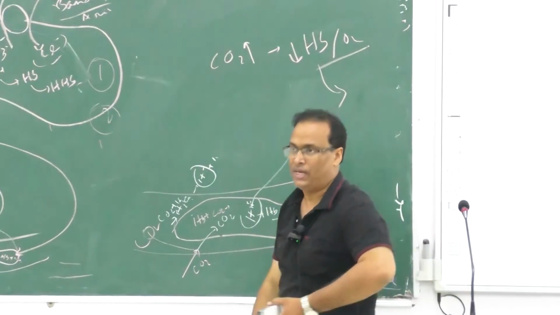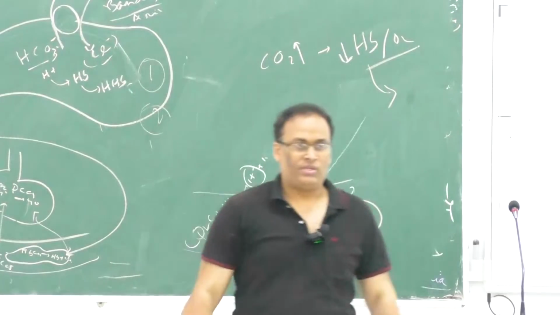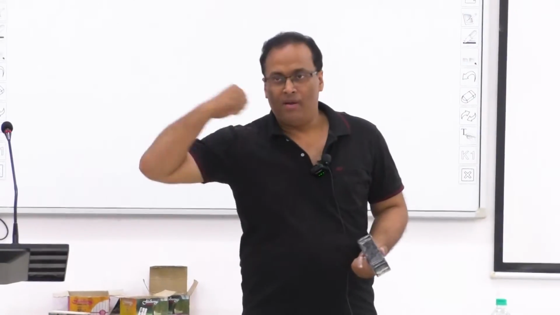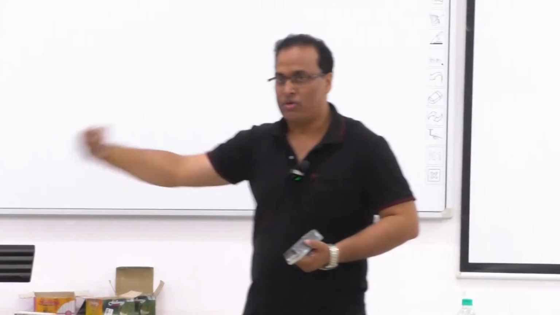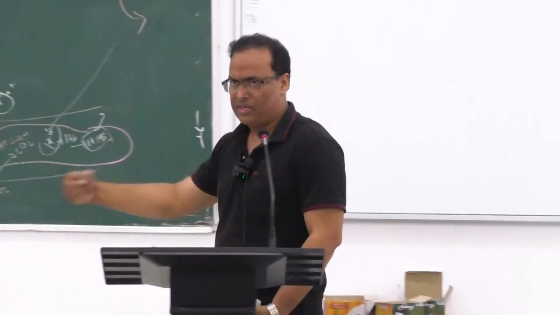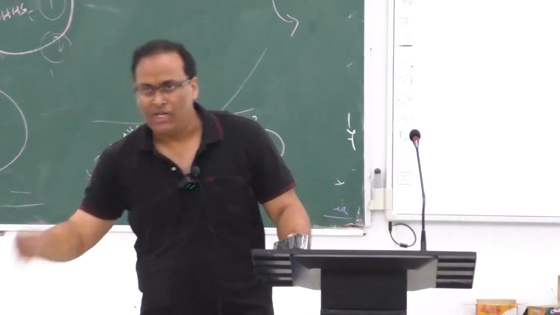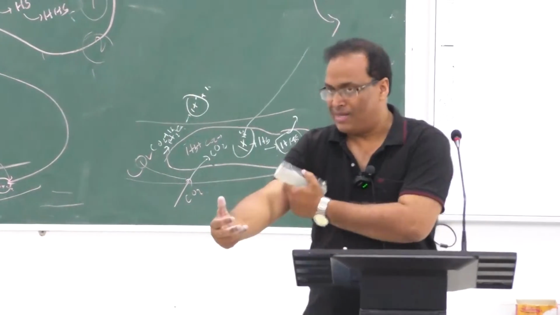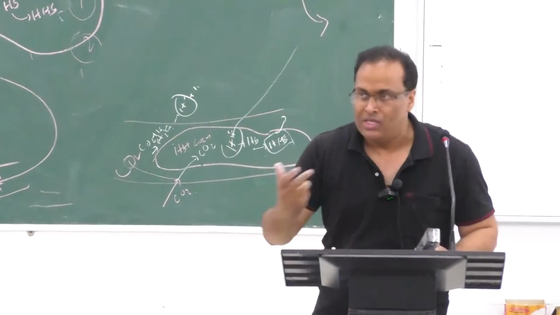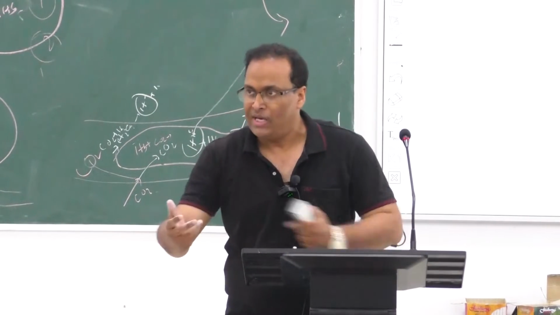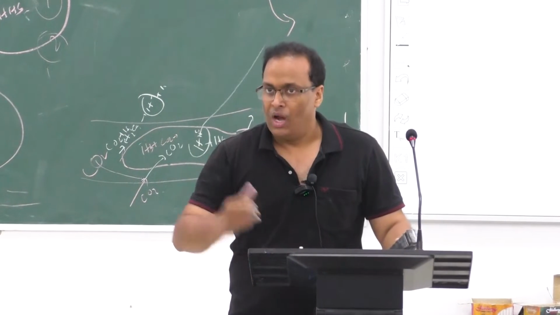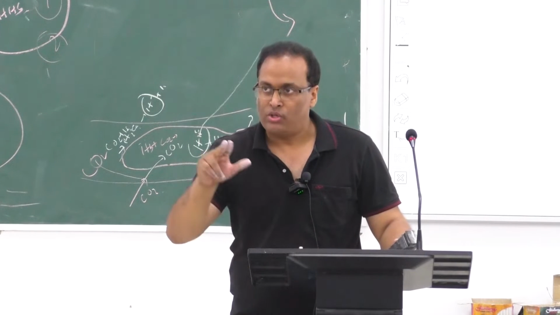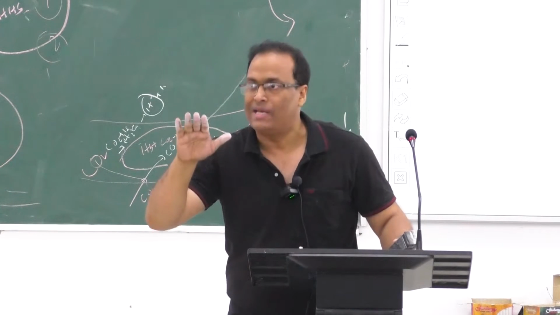Example, muscle exercise. You are doing a lot of gym, suppose I am moving my right hand with a dumbbell and keeping the left one still. What will change? The change will be here, because the muscle is in use, that means metabolism is going on and carbon dioxide is increasing here. The Bohr effect says that when carbon dioxide is much more, then the association of hemoglobin and oxygen is less.